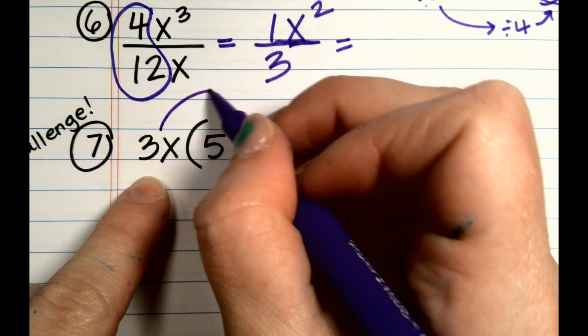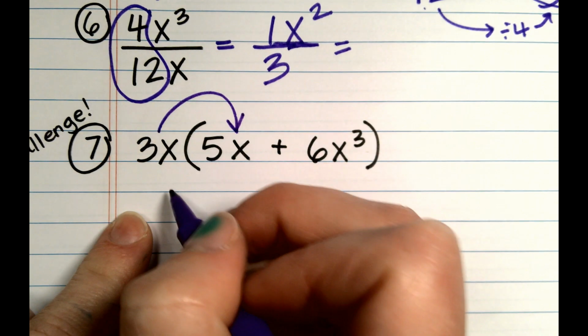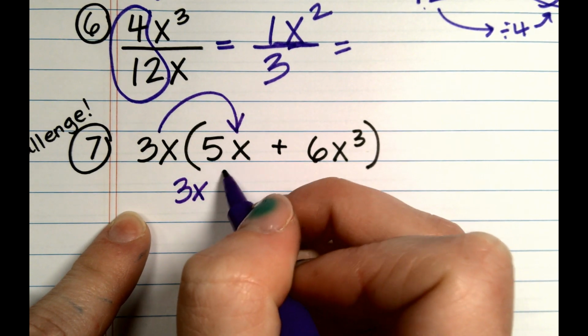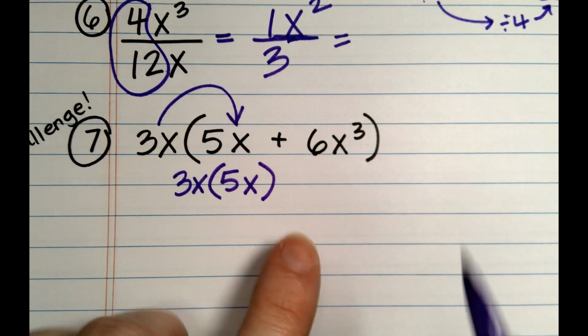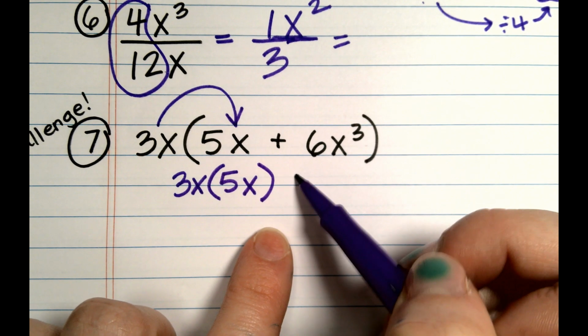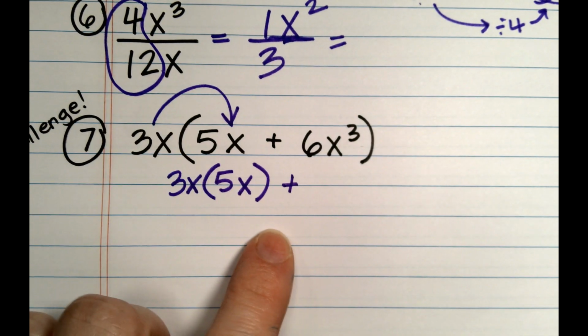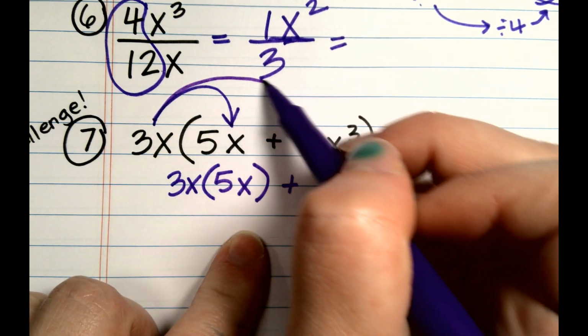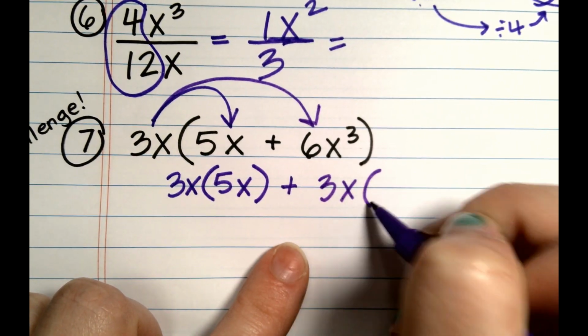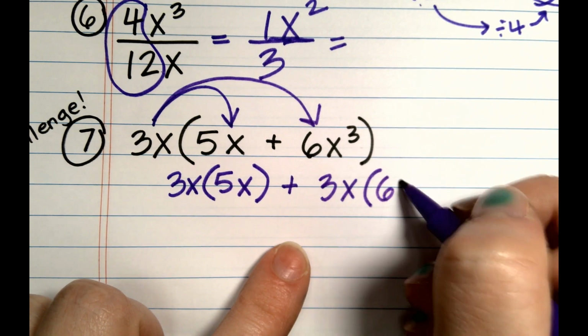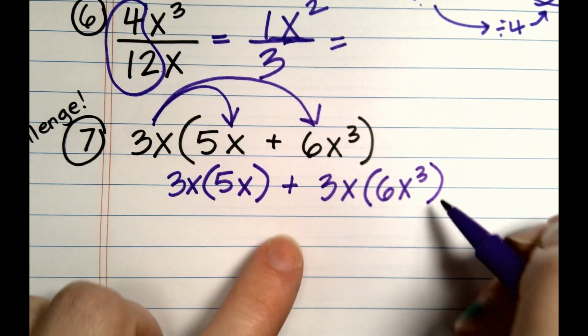I'm going to take 3x times 5x. Okay, and I'll bring down that plus sign. And then 3x times 6x to the third power.